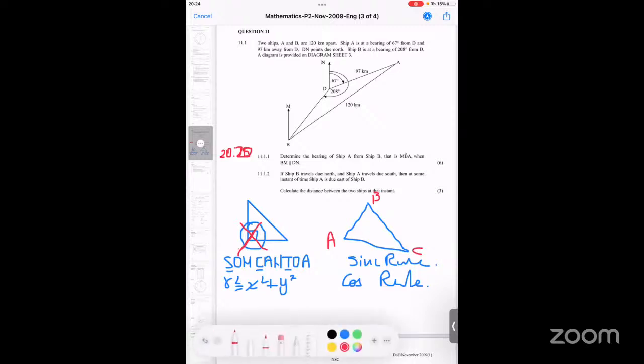What you should know is that, for the sine rule, let me not talk about the cosine for now, the sine rule says if you have an angle with its opposite side, and again, you've got an angle with its opposite side that you may be looking for, then you can use the sine rule. That's how the sine rule works.